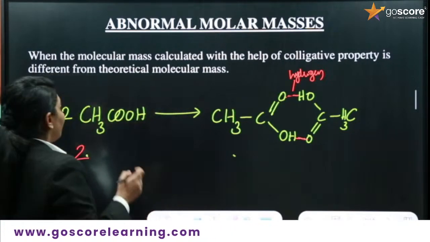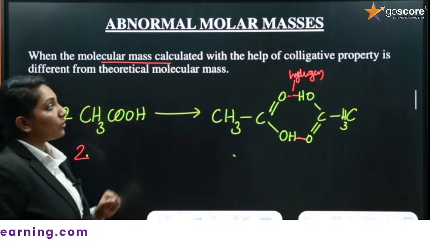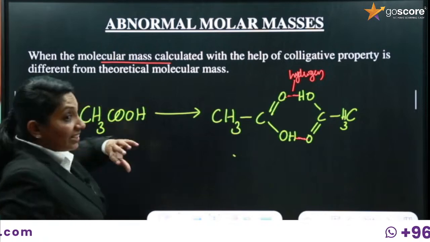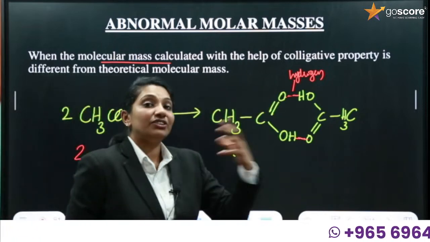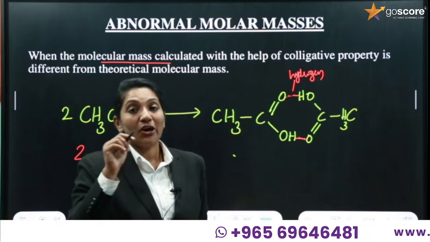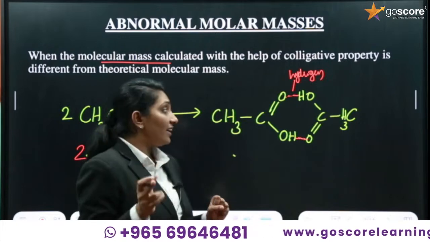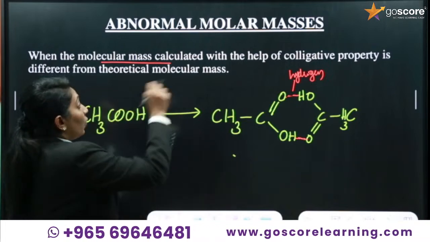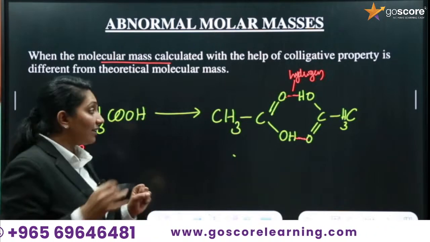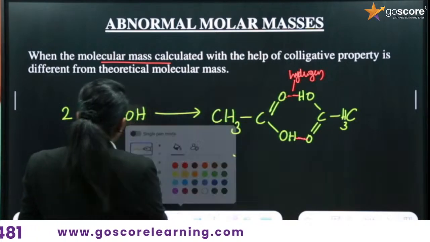See, if you are calculating the molar mass with the help of the colligative property, and it is different from the theoretical value because of association or dissociation, mainly in cases of the electrolytes, it is called the abnormal molar mass.